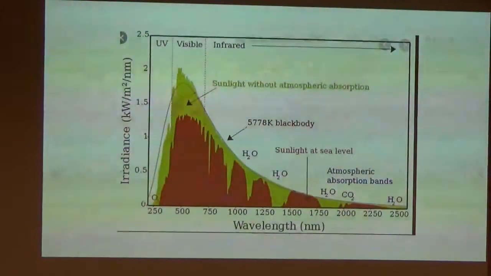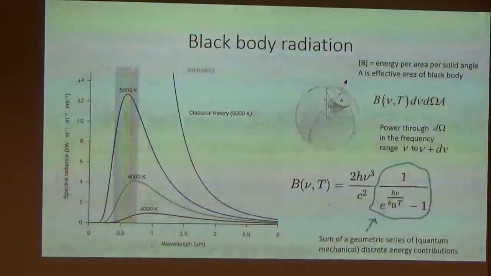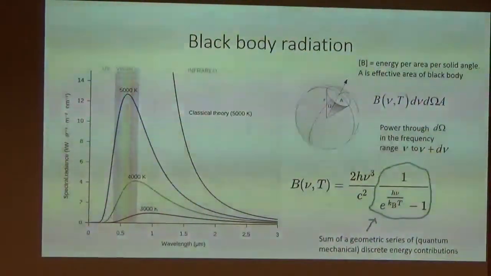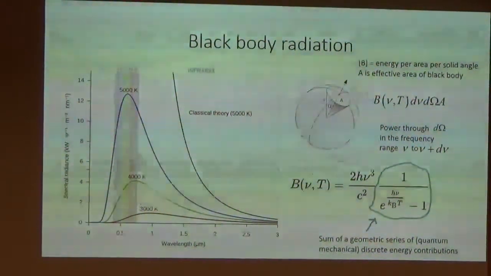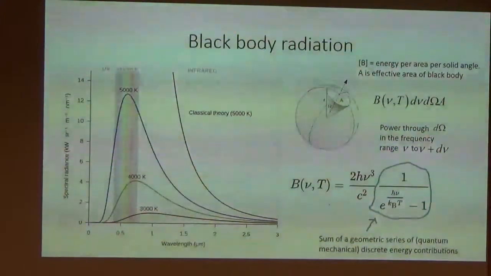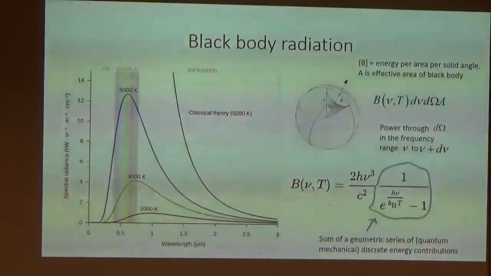Because you see that the colder the objects are, the lower, of course, is the energy they put out, but also the maximal value disappears and goes out of the visible spectrum.